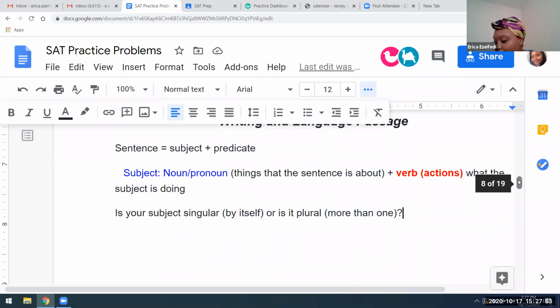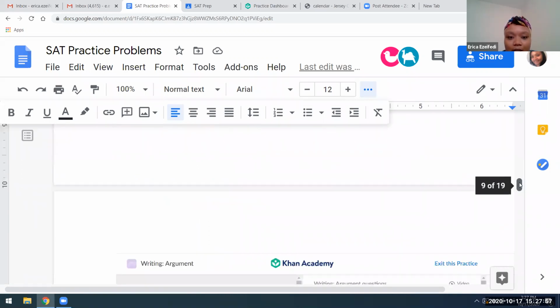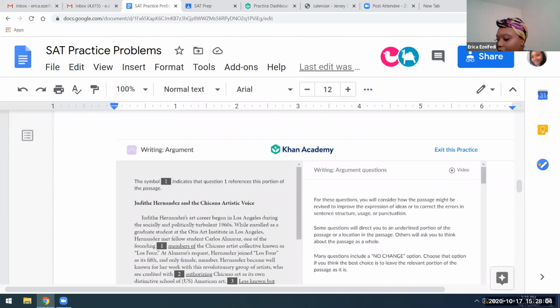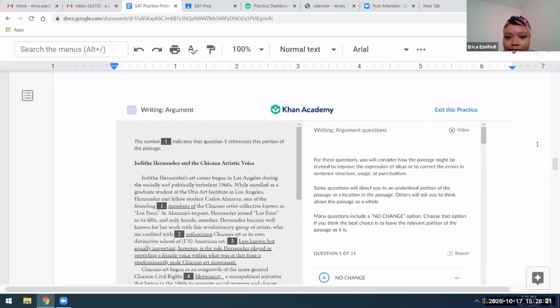So with that said, I am going to let you guys read this passage. I'm going to give you like 10 minutes to read the passage. And if you have extra time, answer as many questions as you can. Again, it's available on the Google Docs sheet.